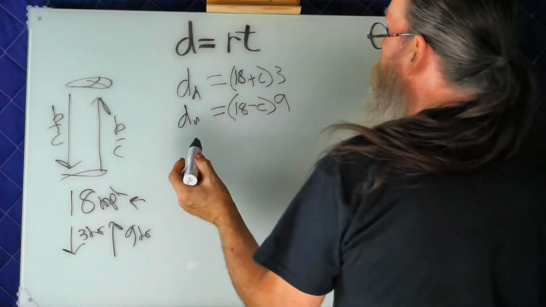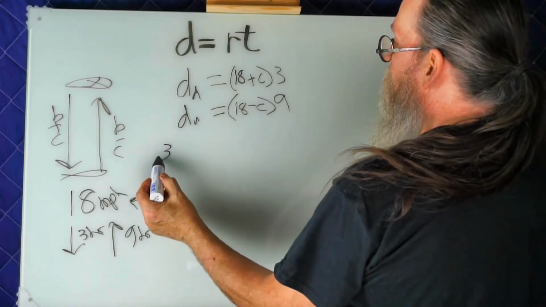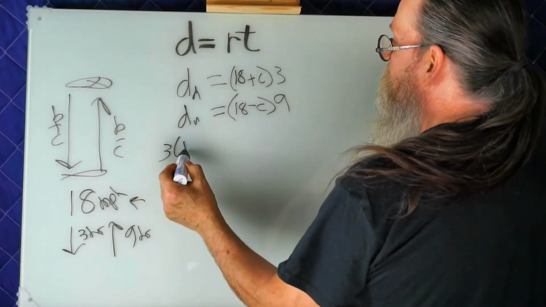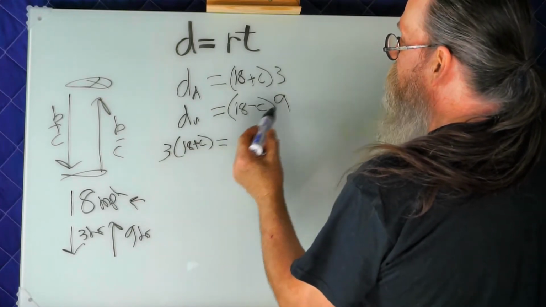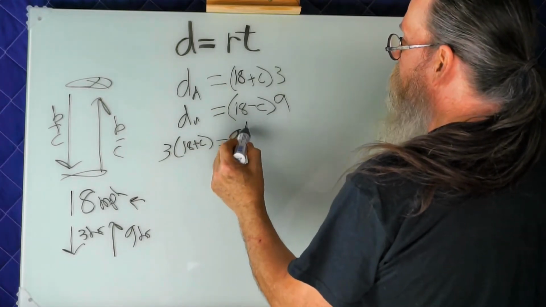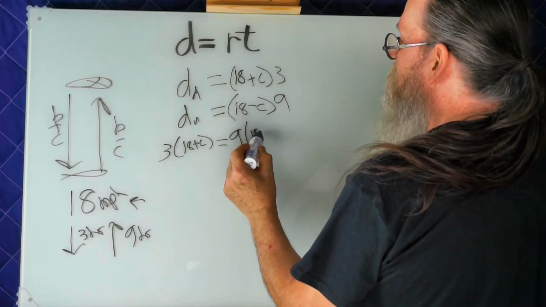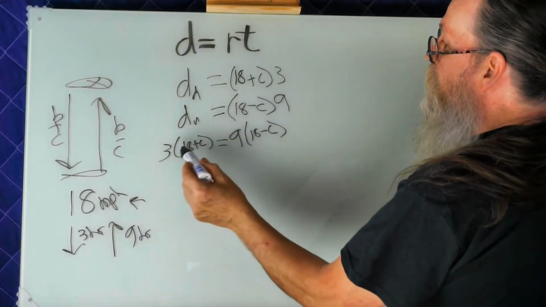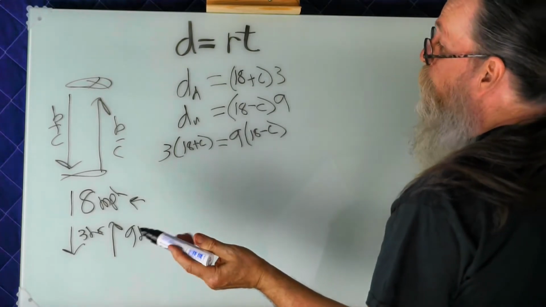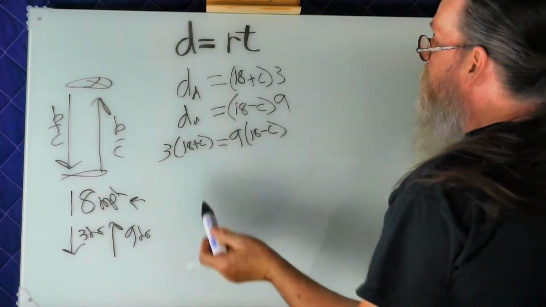So we can say 3 times 18 plus C equals, I'm just putting the number in the front, 9 times 18 minus C. Now we just have to solve this equation for C because C is our only variable. We don't have anything else in there.